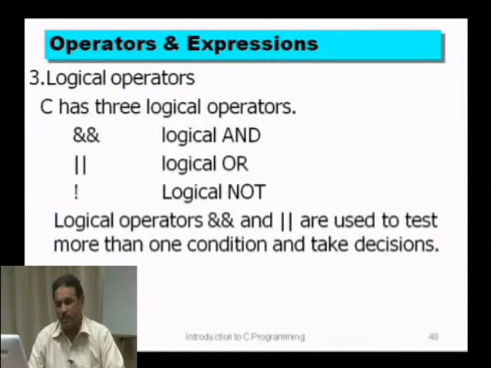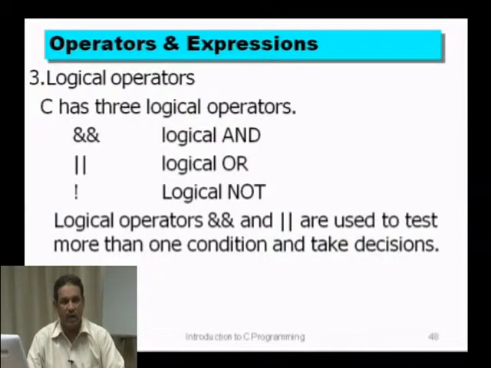Logical operators AND and OR are used to test more than one condition and take a decision. When are these logical operators useful? They are useful when you want to compare two expressions. If expression 1 as well as expression 2 are true, then we need to execute some set of statements.